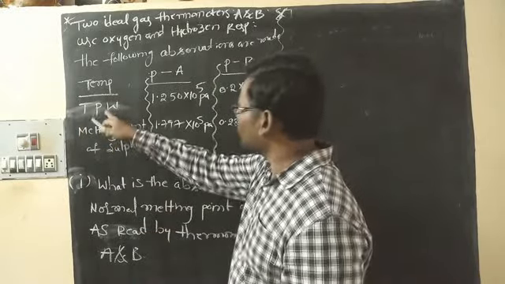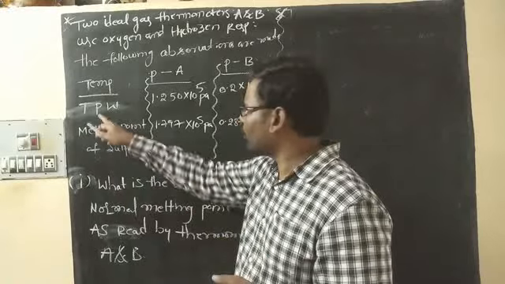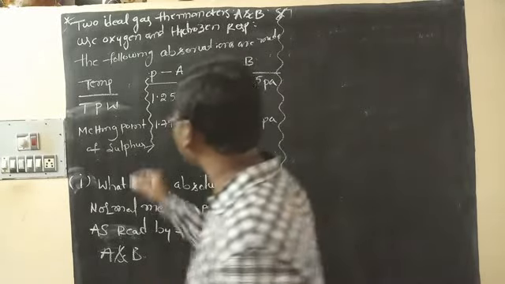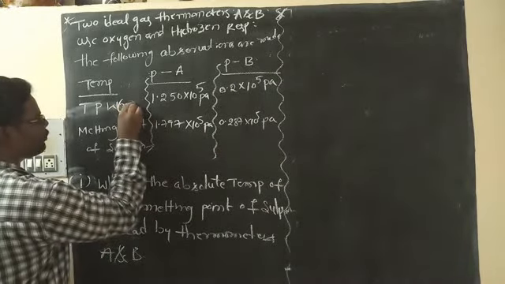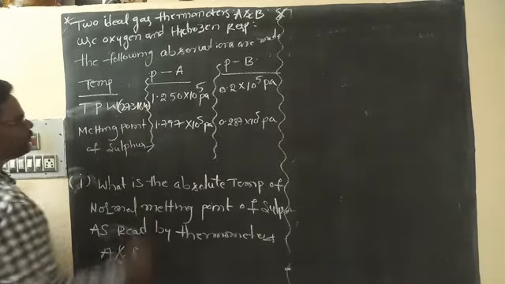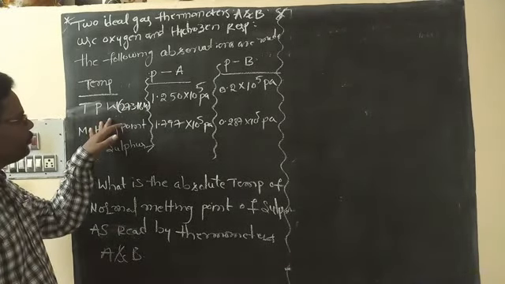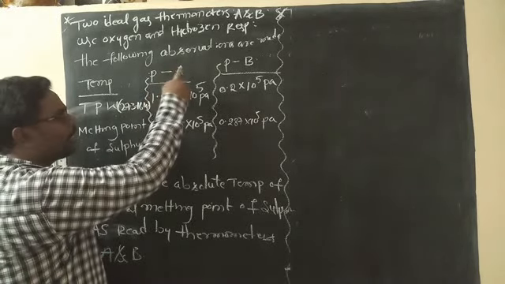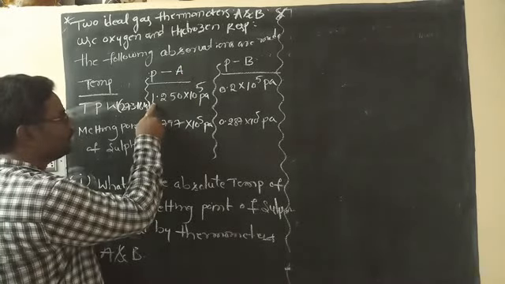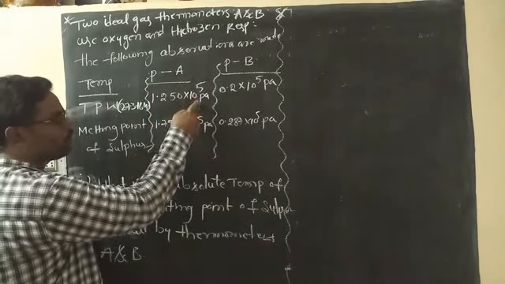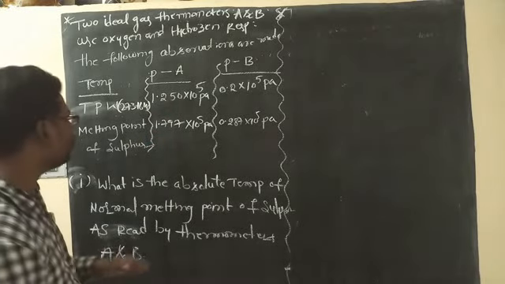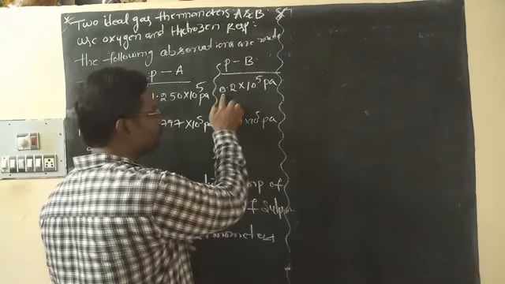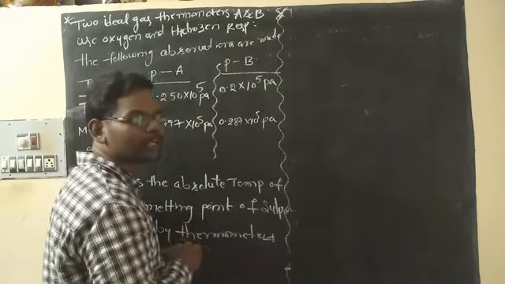Right. So for the triple point of water, we already know the temperature, that is 273.16 Kelvin, isn't it? Now at that temperature, the pressure at thermometer A is 1.250 into 10 to the power of 5 Pascal, and the pressure at thermometer B is 0.2 into 10 to the power of 5 Pascals.